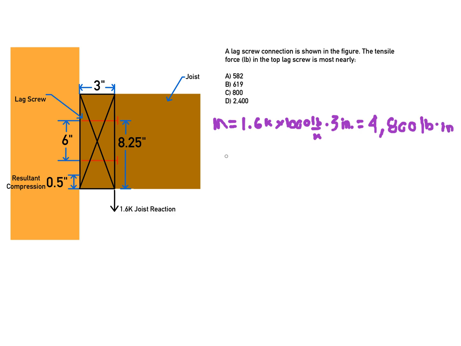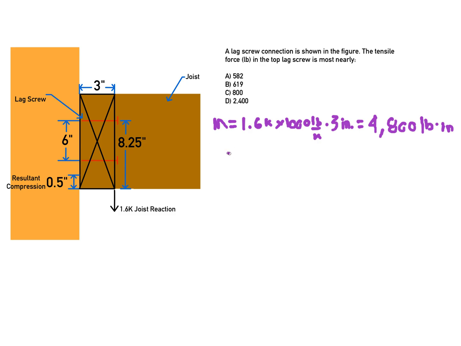So the next step is to figure out how this moment is resolved. And we know that the way that in this problem the moment is resolved is by a tension force and a compression force from our screws, right?